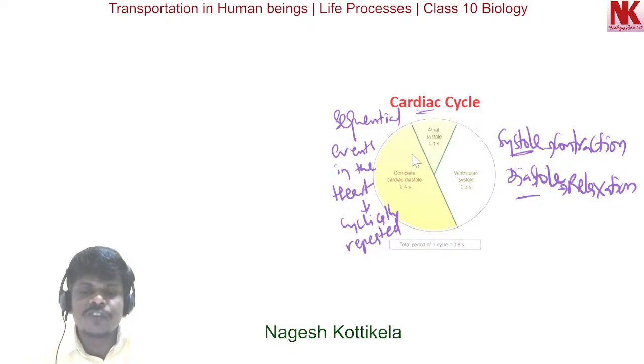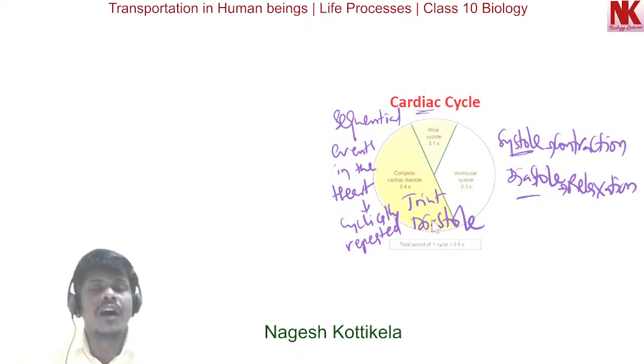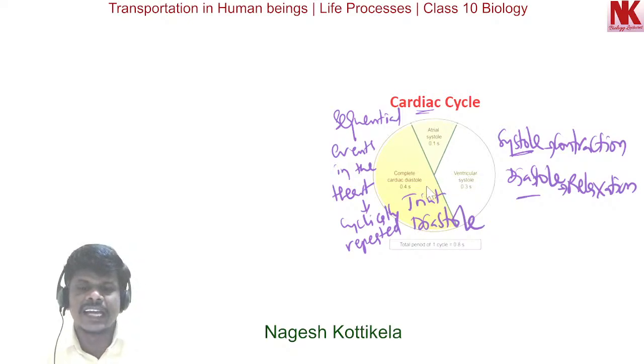If we check the joint diastole, this is the complete cardiac diastole. Here both auricles and ventricles are relaxed, and this lasts for about 0.4 seconds.